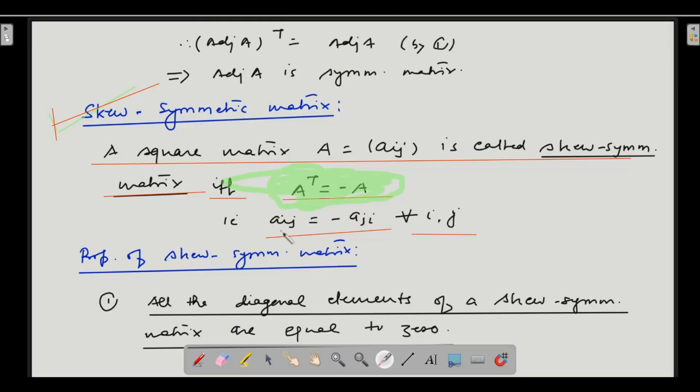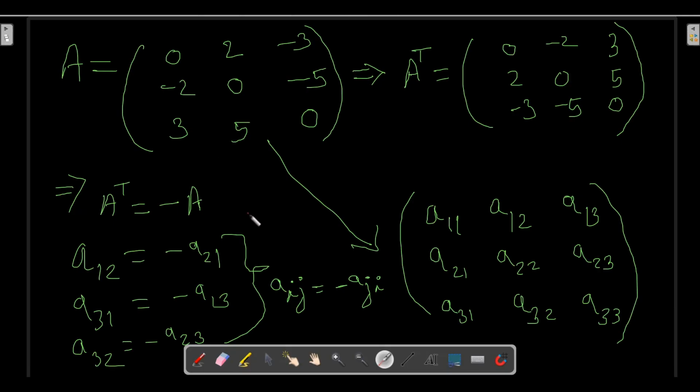Now we want another definition also to be satisfied, that is Aij is equal to minus Aji, for all i, j. Let us have a look at how it is being satisfied. I am telling you through an example.